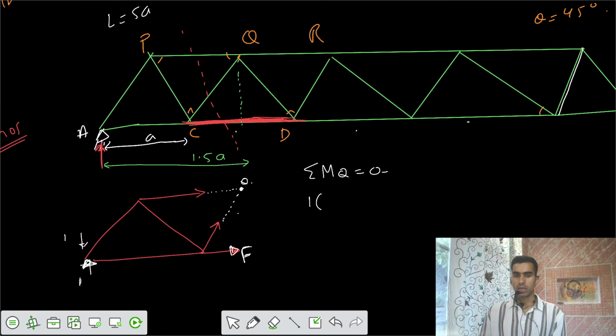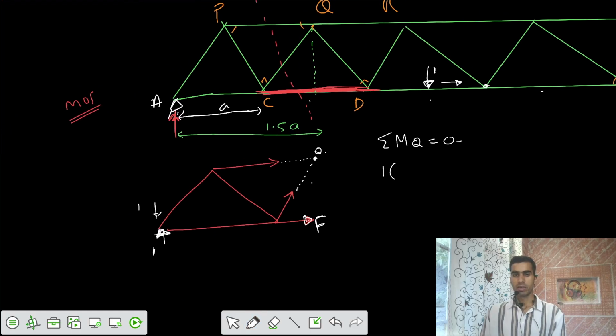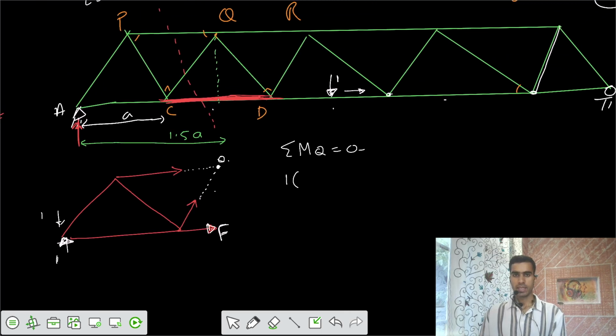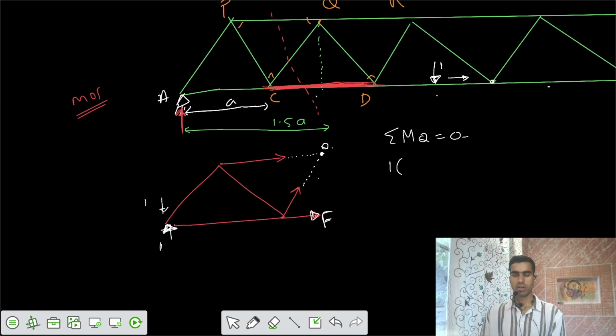The problem is a through type loading. The loading is on the bottom joints; the load is placed on those joints. That's what we call through type loading. The loading joints are A, C, D, and after that we have these also.